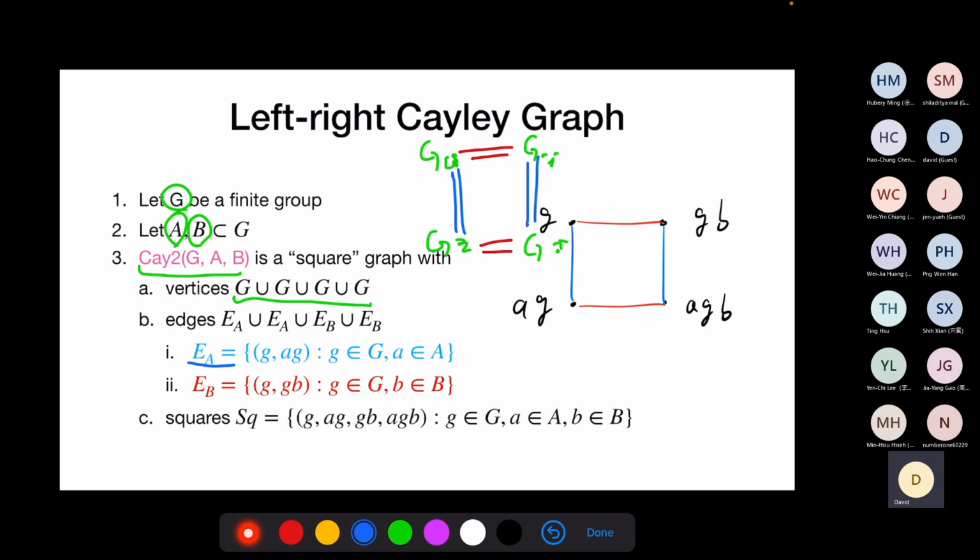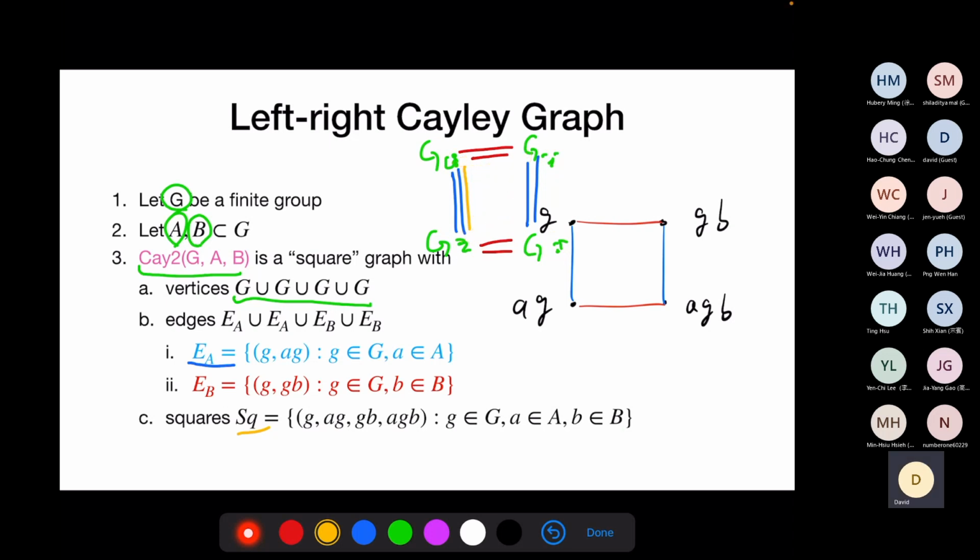And then at the end, you'll have the squares. The squares would be something with 4 vertices on these 4 different blobs of vertices, and they will have labels G, AG, GB, and AGB. So you can actually see one of the squares in this picture.